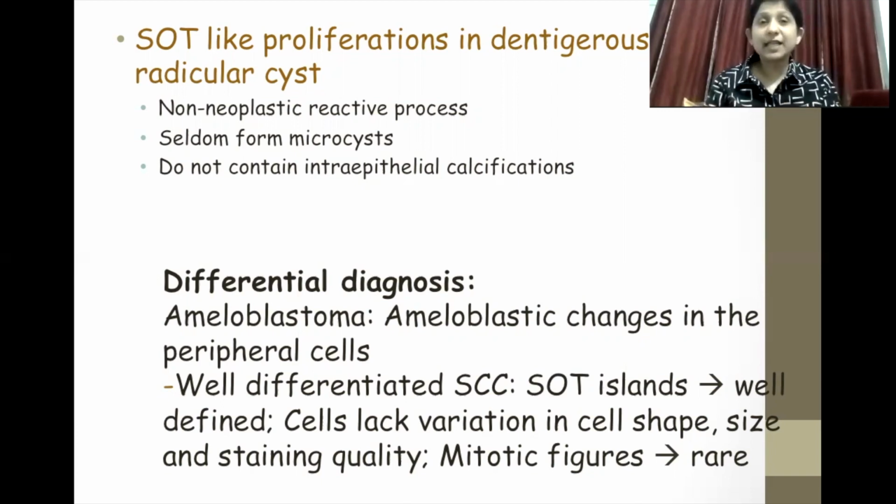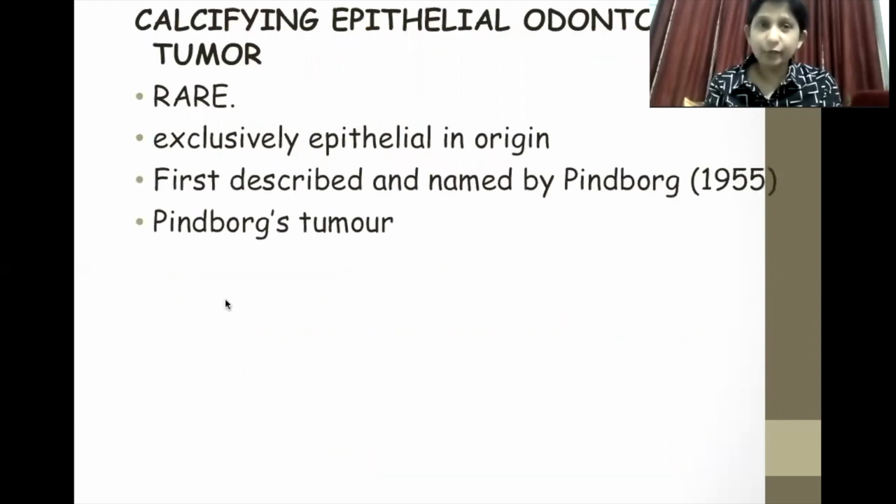You'll find stellate reticulum-like cells and ameloblast-like cells, which are very well differentiated in case of an ameloblastoma. But then in a squamous odontogenic tumor, you would only find squamous cells without any dysplasia. Whereas in a squamous cell carcinoma, you will find squamous cells with a lot of dysplasia. So that's how you differentially diagnose this tumor.